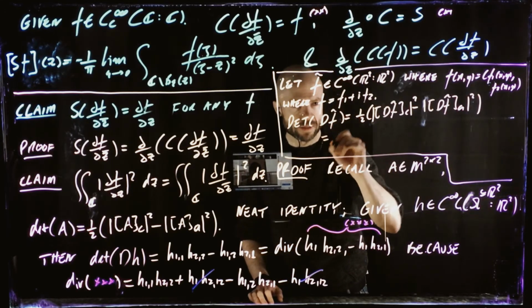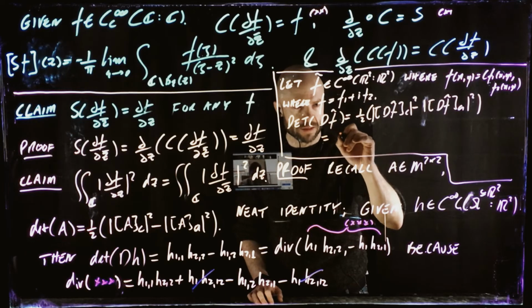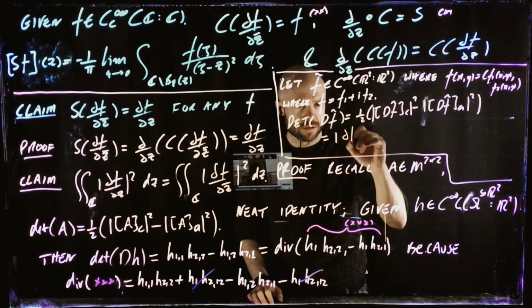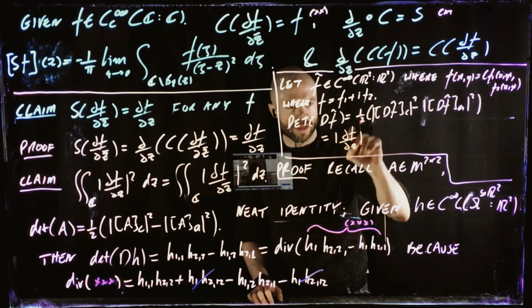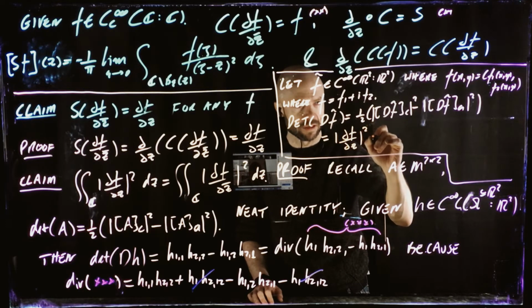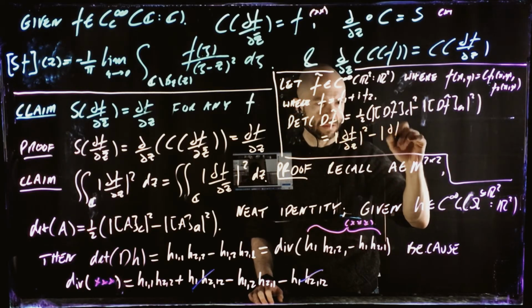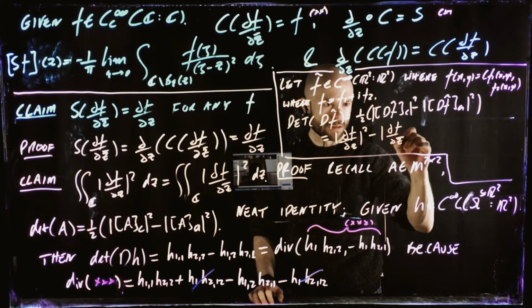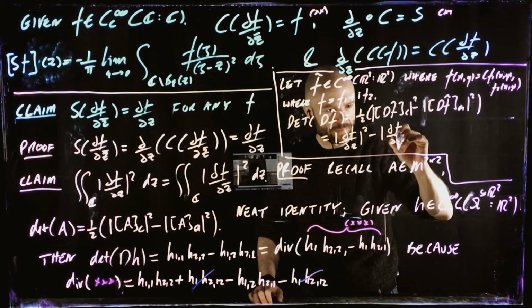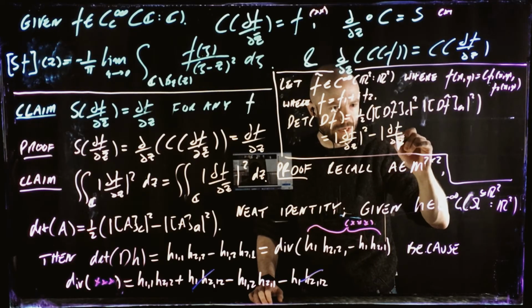This is exactly the same as the norm of the conformal part of the gradient. So this half here takes into account the fact that we have this 2 by 2, so it's the right constant in front. So then this is exactly this thing minus this thing, with the z bar, like this.